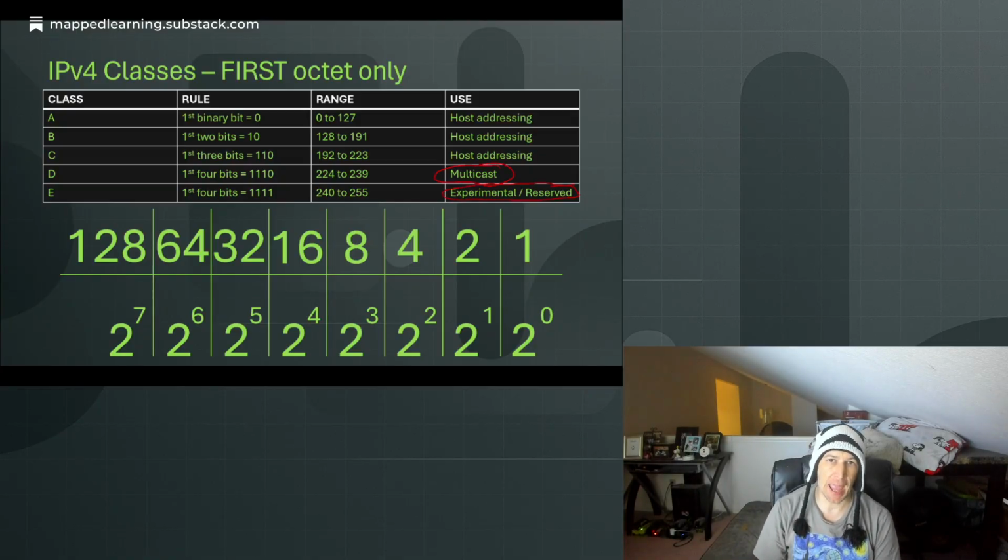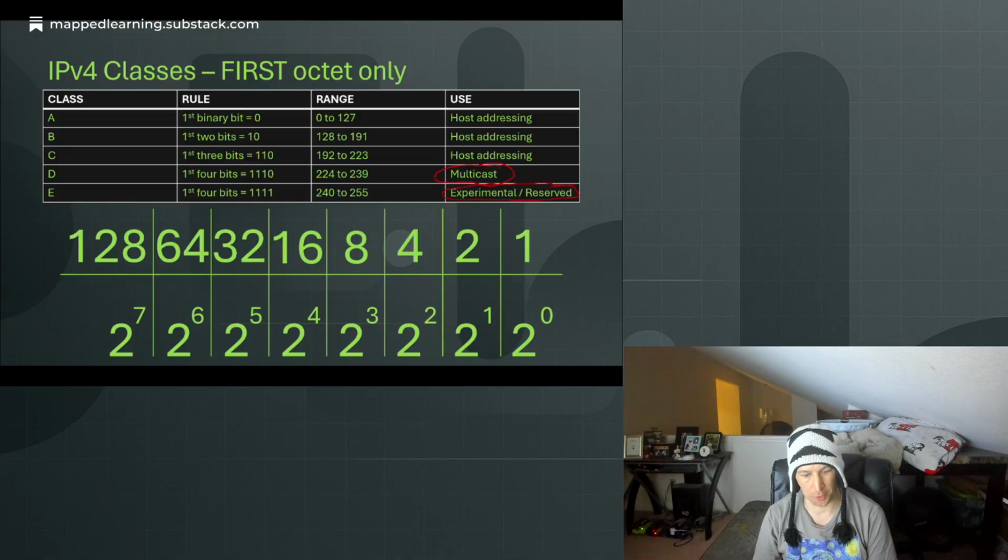When you are looking at these classes, they had to figure out how to take all of these networks and divide them in a logical way. So they came up with these rules. And here's how the rules work.